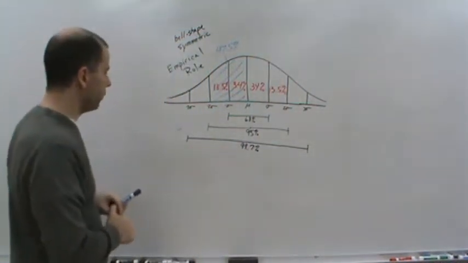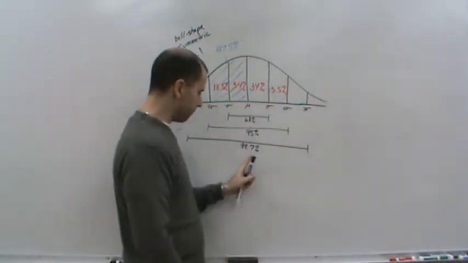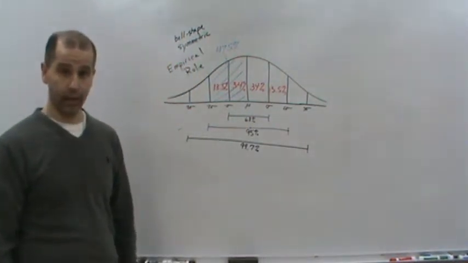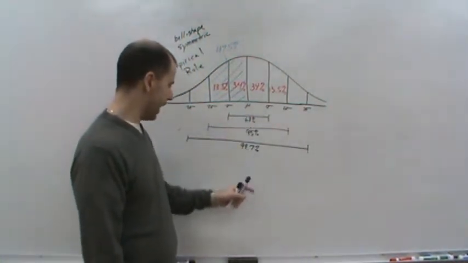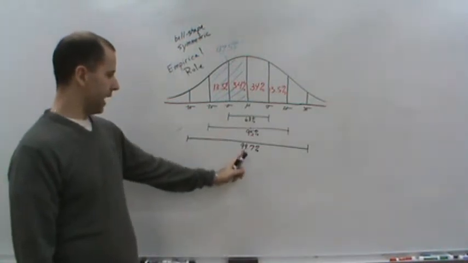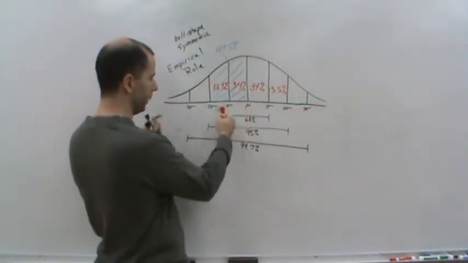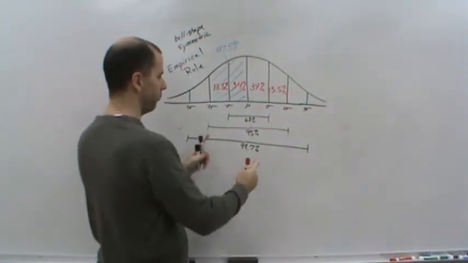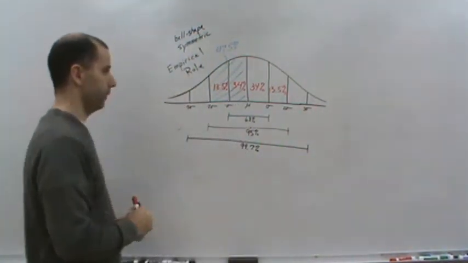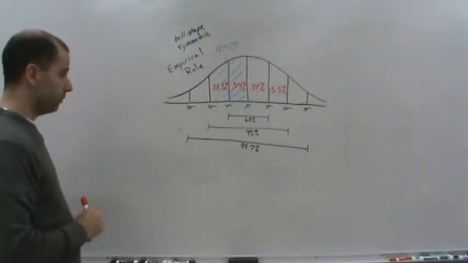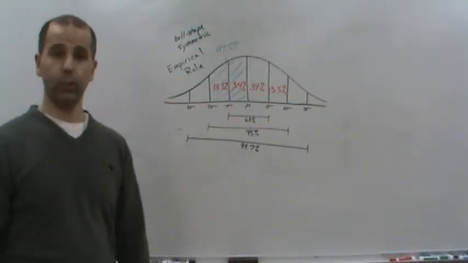Now, if we do the same thing with 99.7, well, if we split this in half, half of it will be on this side, and half of it will be on this side. Or, here's a better way of doing it.